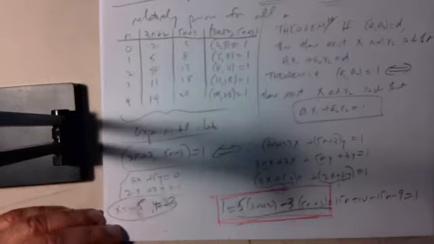So in this problem, we want to show that for any n, the two numbers 3n plus 2 and 5n plus 3 are relatively prime. And one way to do this, there can be another way, but one way to do this is to find numbers, here I call them x and y, such that x times 3n plus 2 plus y times 5n plus 3 equals 1.